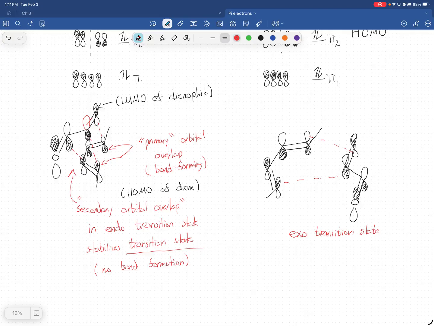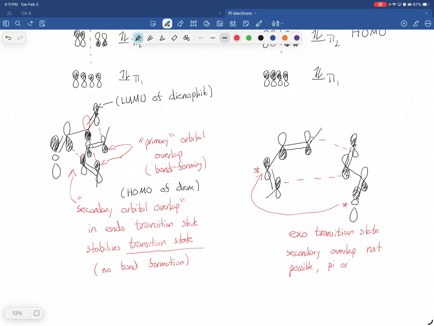If we compare this position to this position where it's stabilized in the endo transition state, it's too far. So this secondary overlap is not possible.